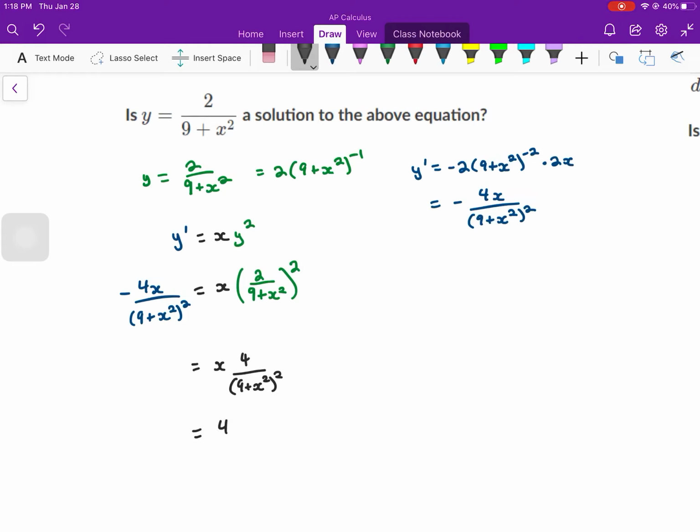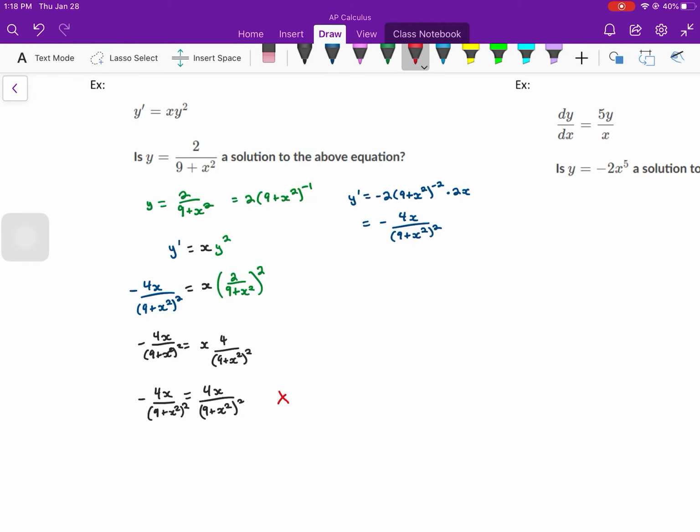So that's going to be 4x over 9 plus x squared squared. And so it looks like what's going to be our downfall here is going to be that negative. So this one is not going to be a solution. They've got to be equal, and they ended up not equal. Not quite there.